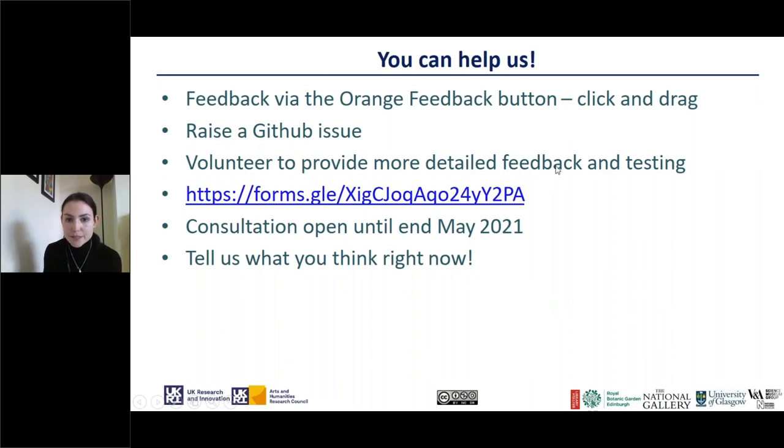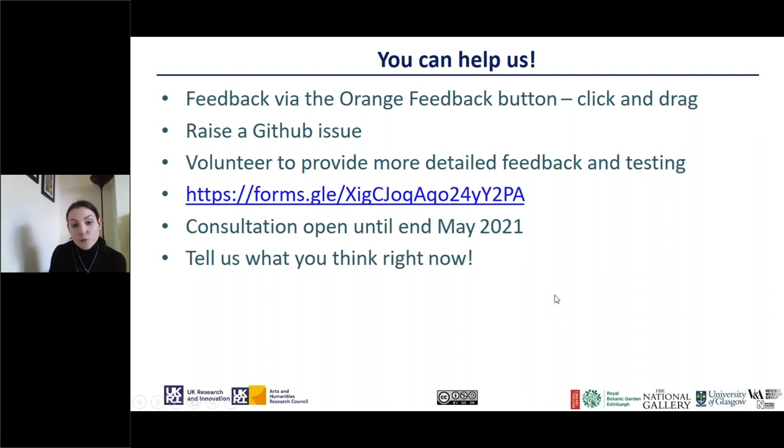I described some of the ways you can give feedback. We're also really keen to get a couple of users to do some more detailed user testing with us. If you are willing to do that, we'd really appreciate it if you can submit this Google form and just tell us who you are. I'll talk a bit more about the other thing on that Google form in a minute.